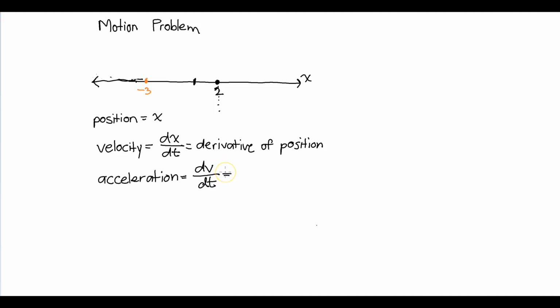And because it's the derivative of the velocity, and velocity is the derivative of position, acceleration is also the second derivative of position with respect to time. So velocity is a derivative, and acceleration is the derivative of velocity.